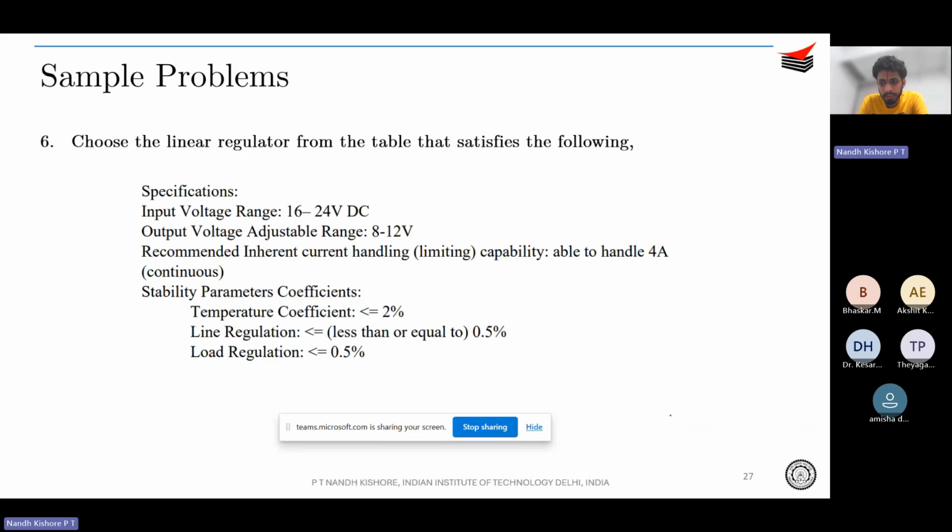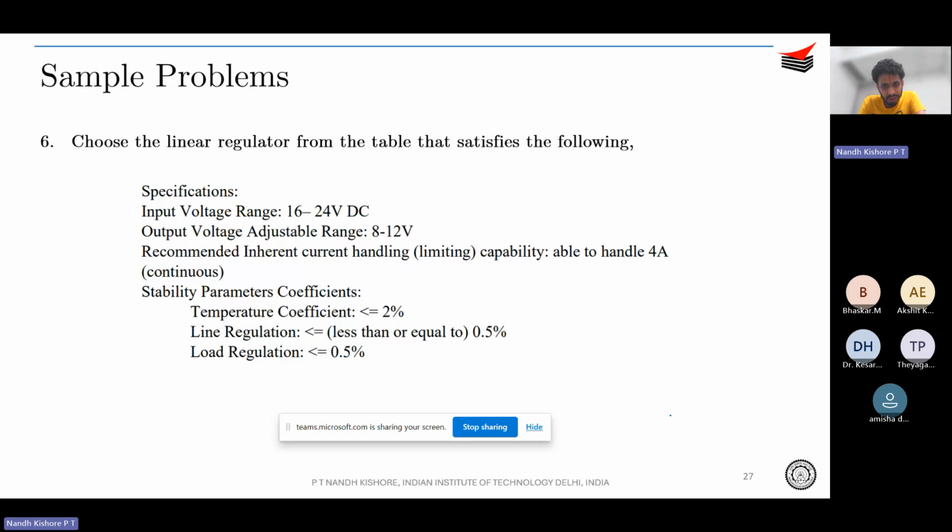Okay, so the next question is, choose the linear regulator from the table that satisfies the following. The input voltage range is given, 16 to 24 volts DC. Output voltage adjustable range is 8 to 12 volts. The recommended current handling capability is that it should be able to handle 4 amps continuous current. And of course, its temperature coefficient is less than or equal to 2%.